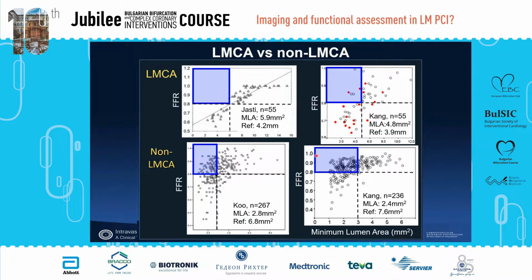In such cases, IVUS can help, and this is a correlation between the IVUS MLA and FFR. In the non-left main region, there is a big discordance between the MLA and FFR.